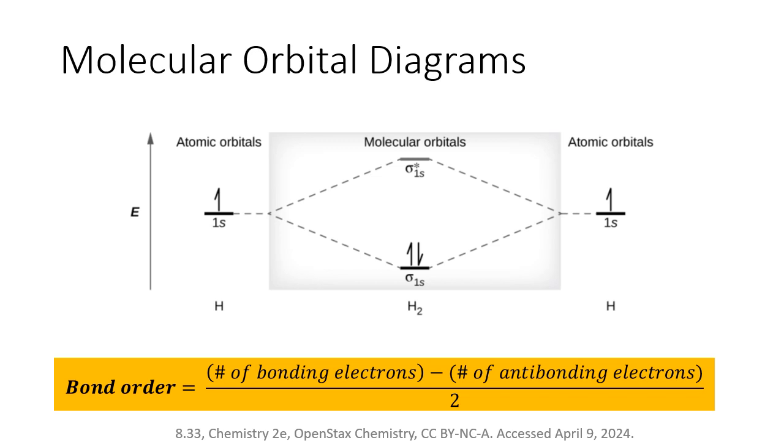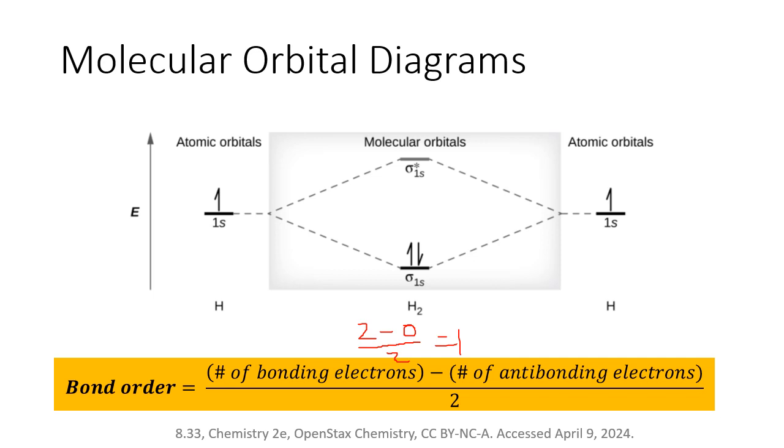Bond order is given by the number of bonding electrons minus the number of antibonding electrons, over 2. So for hydrogen, we have 2 bonding electrons, 0 antibonding electrons. We put that over 2, and our bond order is 1. This thing will bond.